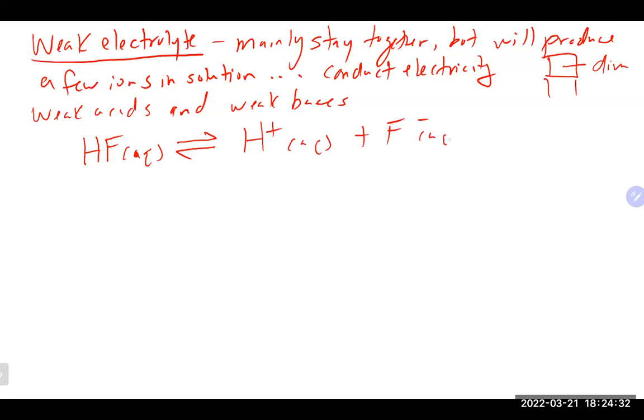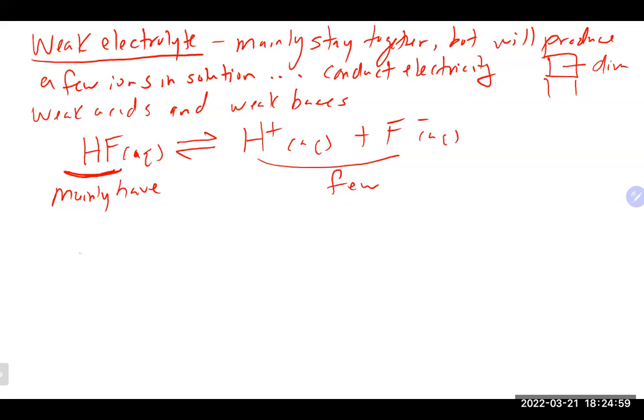Unlike our strong electrolyte, the left-hand side is actually mainly what you have in solution. You have a few of these guys that have been formed. Because it's still able to produce a few of those ions, it'll be able to conduct electricity, but again, nowhere near what a strong electrolyte would be able to do, which is why the light bulb comes off dim looking.